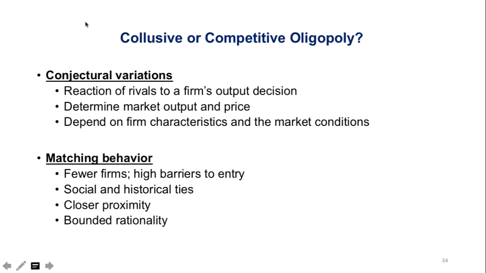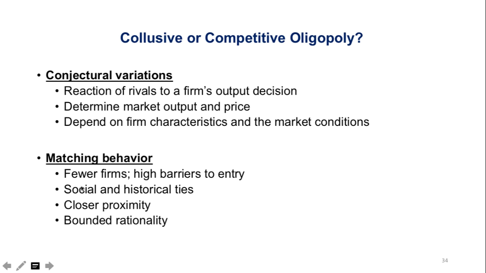So looking at the collusive or competitive oligopoly, what determines whether they collude or are competitive? There are factors such as conjectural variation or matching behavior, the reaction of the rival to a firm's output decision, which determines market output and price, or depends on the firm's characteristics and the market condition.